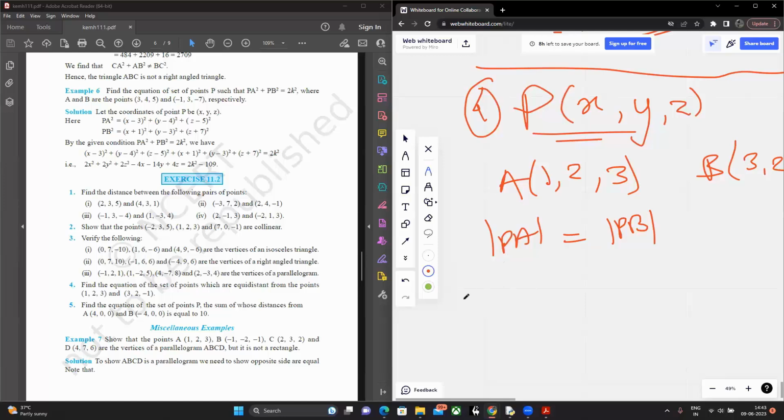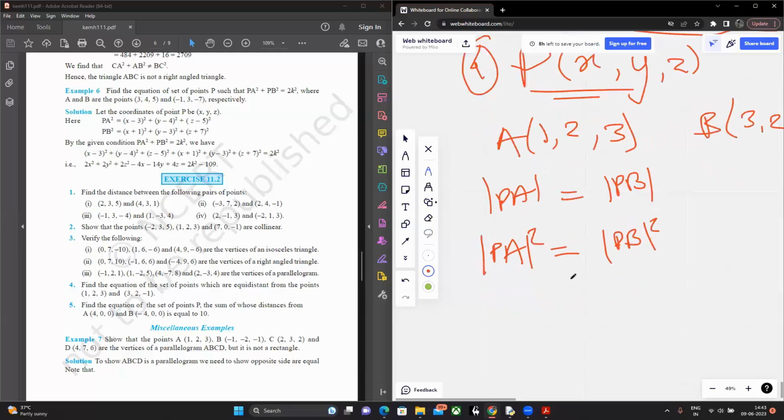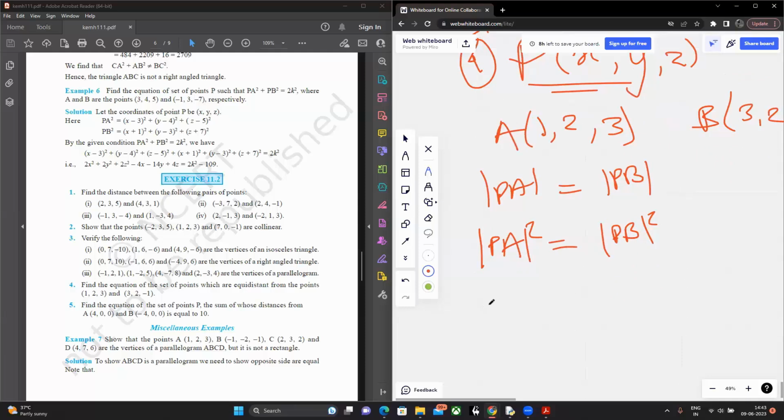So now what you can do is write that PA squared is going to be equal to PB squared. No loss in data, nothing happens because you know that the lengths are going to be positive. So you have PA squared is PB squared.